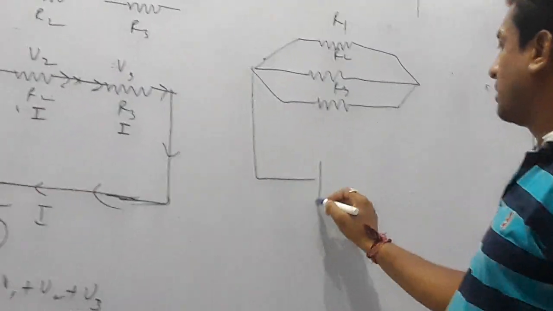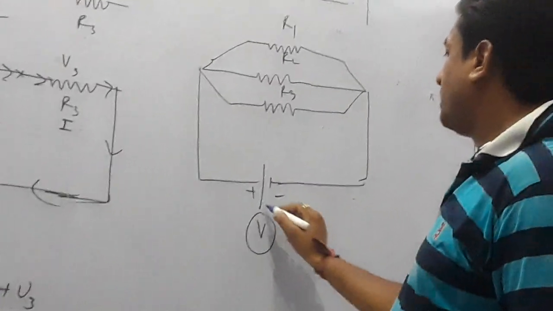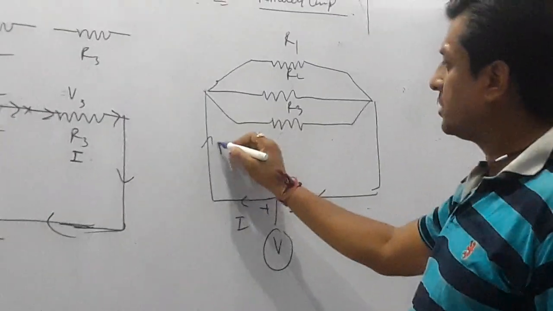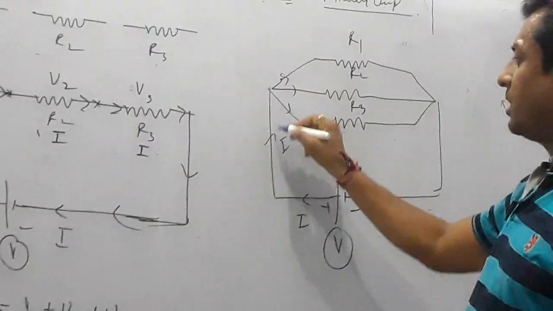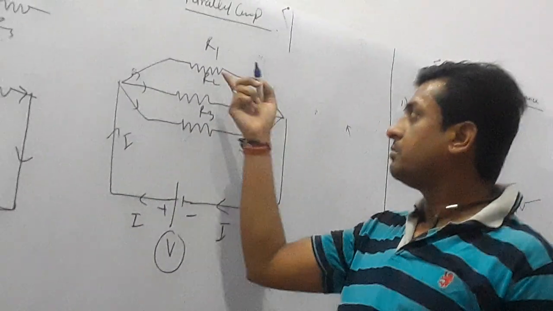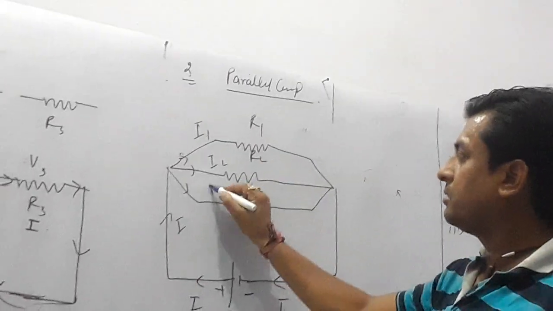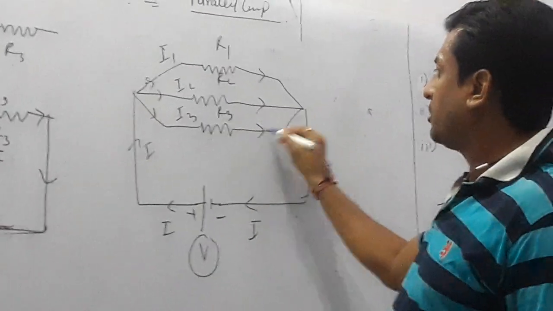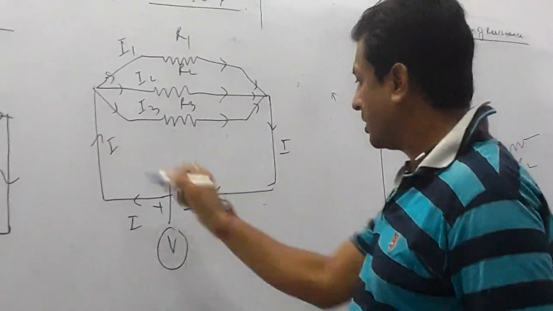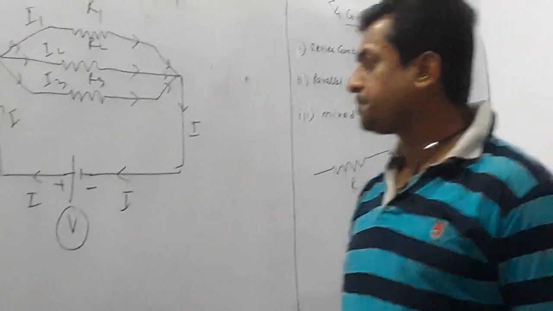Now it is connected to an external source, the net potential is V, current goes from here and comes out from here. Now this current goes here, and you can see the current will distribute into three parts. I am not saying equal parts; it depends upon the amount of resistance. Let the current here be I1, here I2, here I3. Then the same I1, I2, I3 will come from here, collect here, become I, and then go outside to the minus terminal of the external source.